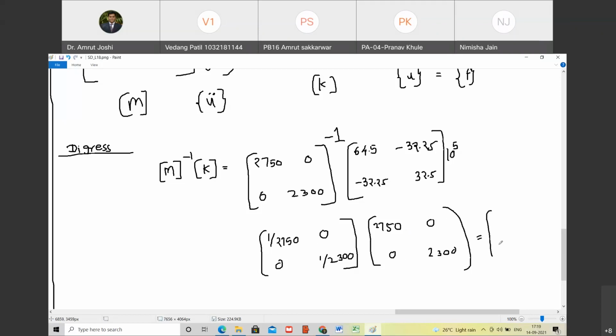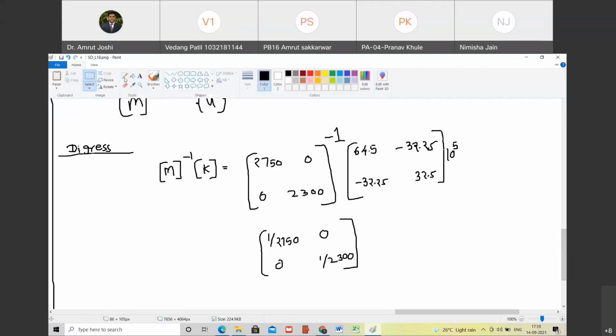So what multiplication will come? The I matrix, 1 0 0 1. Do you agree with me? Yes. So therefore this is the inverse of the M matrix. So finding the inverse of the M matrix is easy. Are you with me? Yes. So now the inverse is found. Now what about the K matrix?